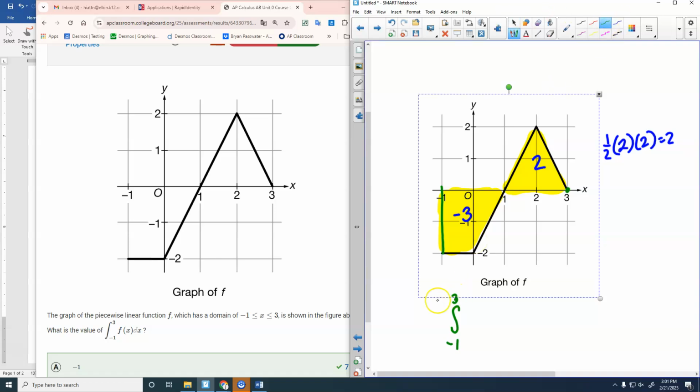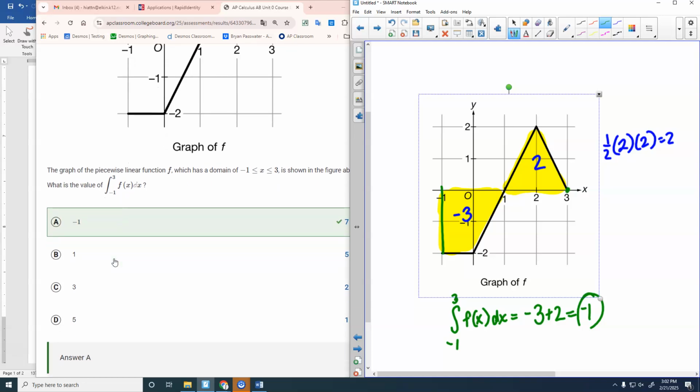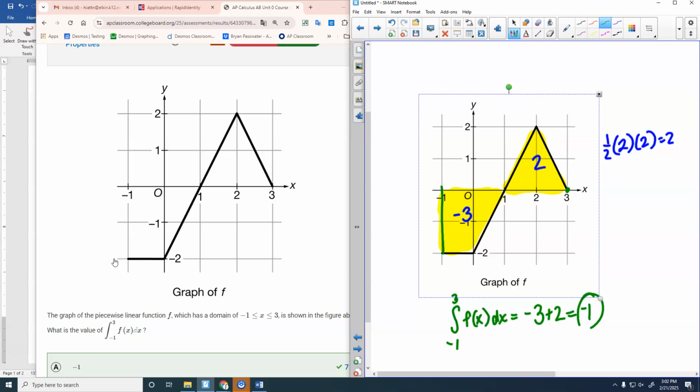So whenever we integrate here, we split those two sections up. We'd have -3 plus 2, and we'd get -1, which is your answer there. So an integral, when you're given a graph, can also just be the area underneath that curve.